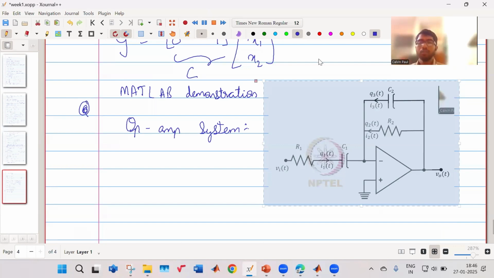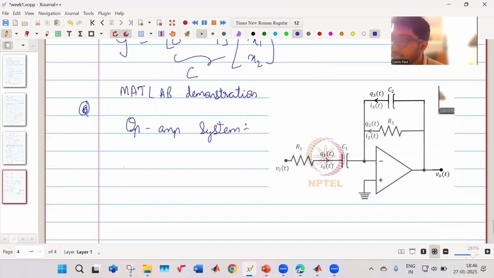Now what sir has done is he has found it in terms of Q1 and Q2. These are the charges flowing in those respective branches. But when deriving, there are certain assumptions which were made, which I'd like to point out to you. An ideal op-amp is considered. In an ideal op-amp, can anyone tell what kind of feedback is there?